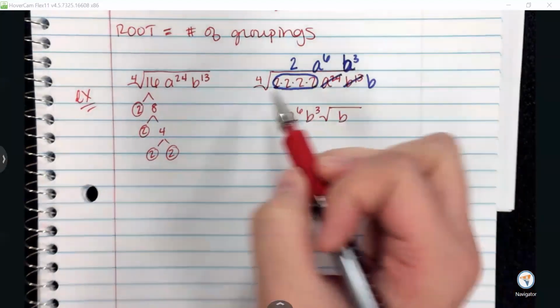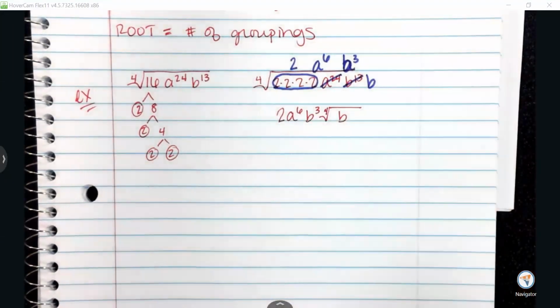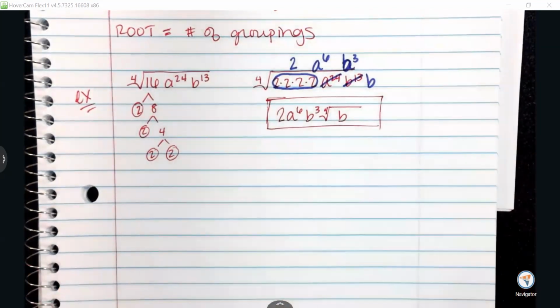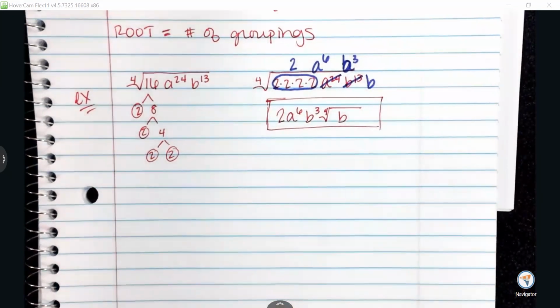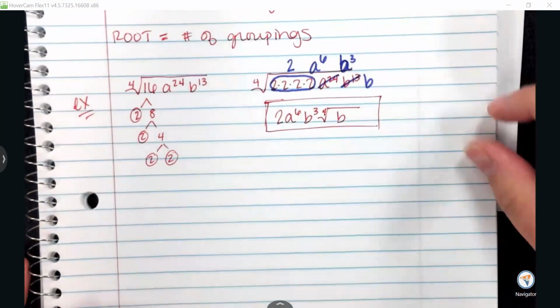I have to keep the root. So this 4 has to stay here, and it has to look like the root, not like it belongs to the B or any other letter in front, okay? So it goes kind of in the check mark.